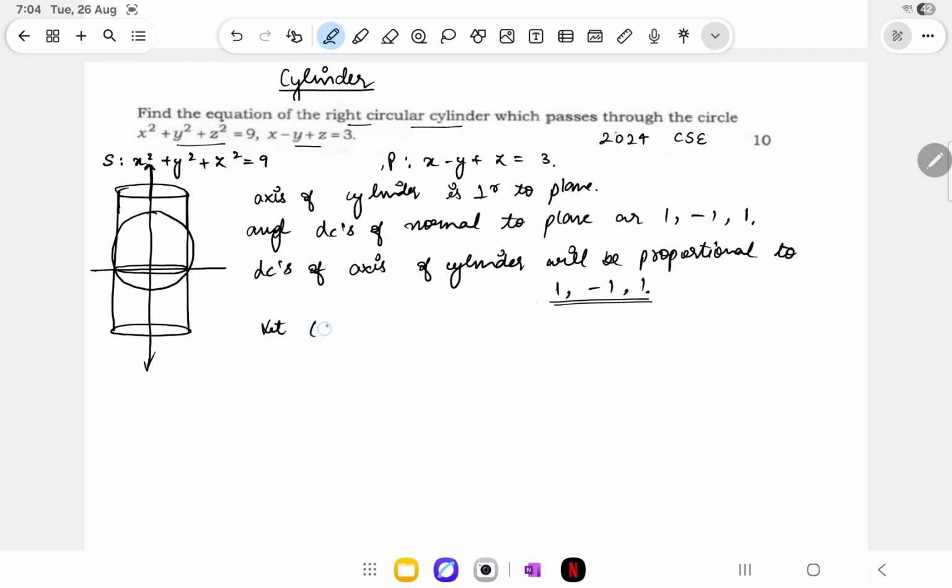Now let us assume that alpha, beta, gamma is any point on the cylinder.